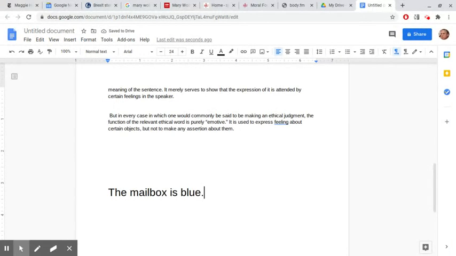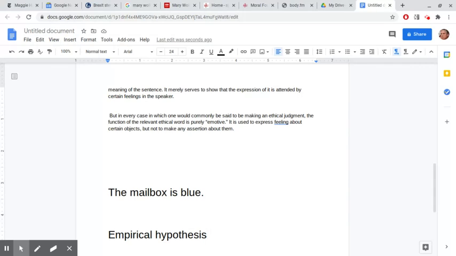If I make a statement of any sort, like this, the mailbox is blue, this is the kind of thing that Ayer calls an empirical hypothesis. I've made a claim that a certain thing has a certain characteristic, that mailbox is a certain color.